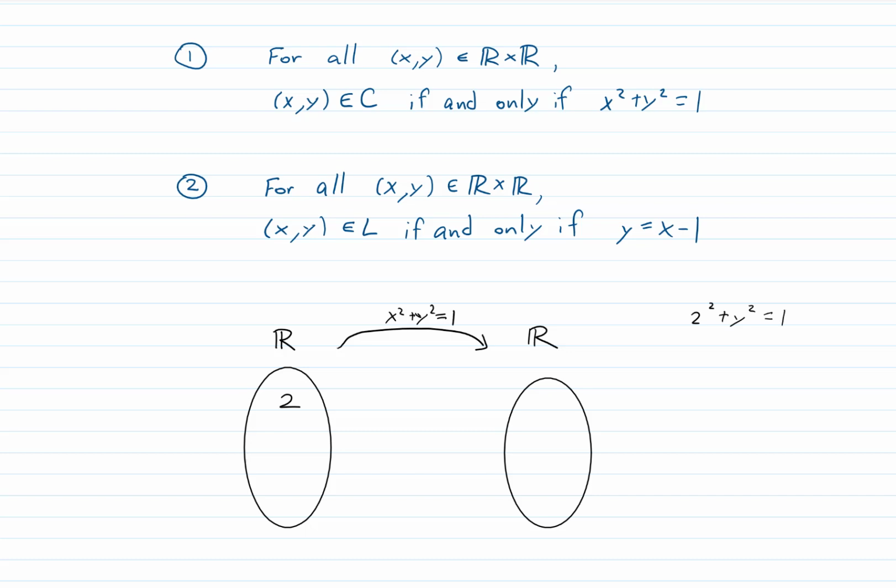If the y has to be a real number, then that's impossible. Because if that's true, then 4 plus y squared would equal 1. And so y squared would have to equal -3. And you know that's impossible for the real numbers. To square something and get a negative, you know that's impossible. So 2 is kind of left stranded by this relation. And so that's one reason why the relation's not a function.